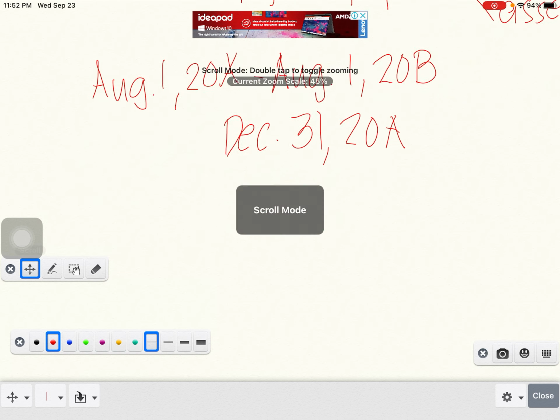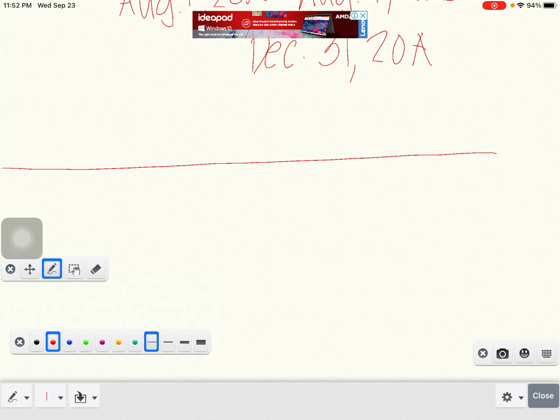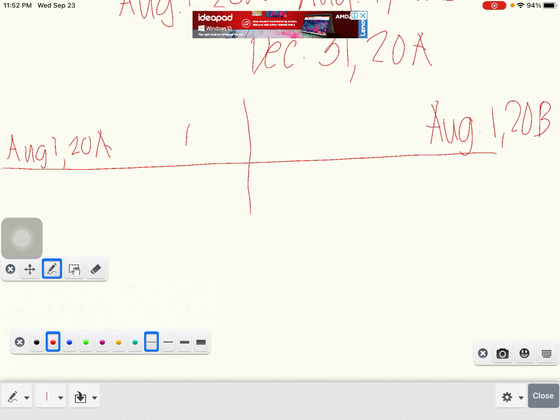So why is there an overlapping? So let's make a timeline. You started your business August 1, 20A, and it ended your insurance 20B. But your accounting period would end December 31 of every year.